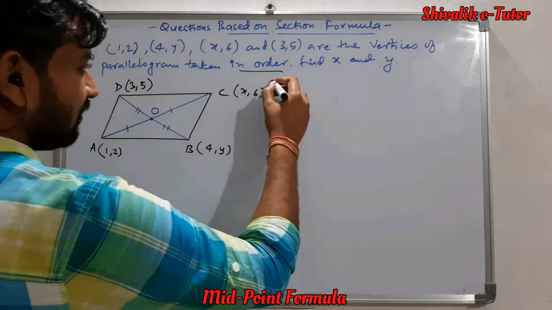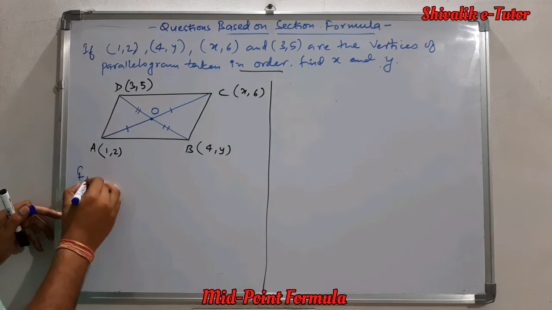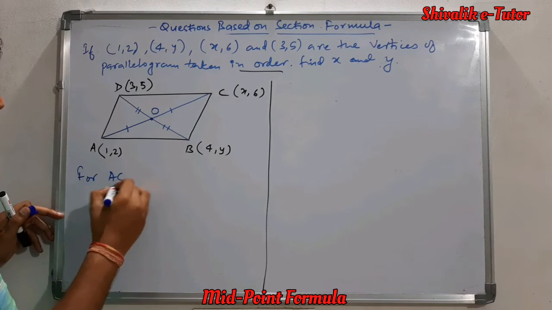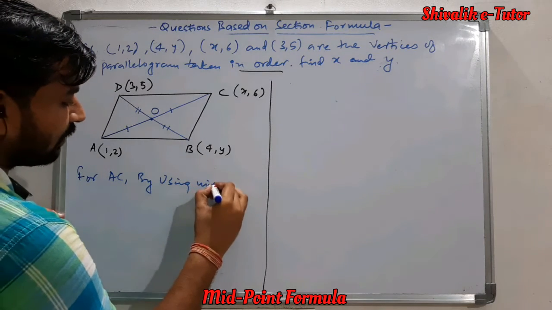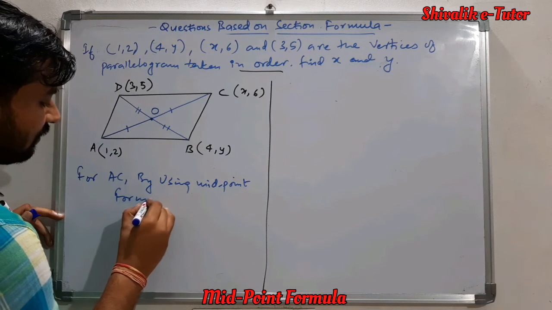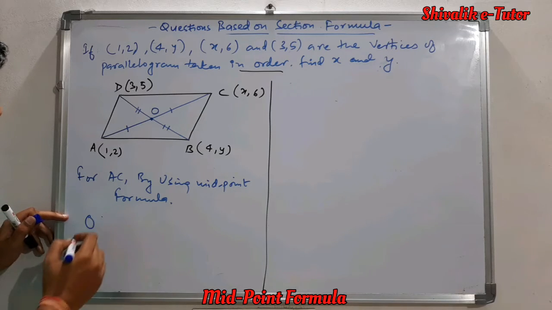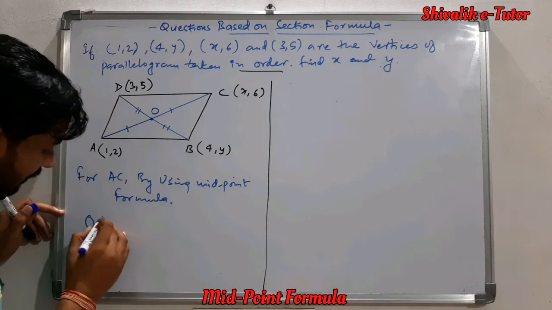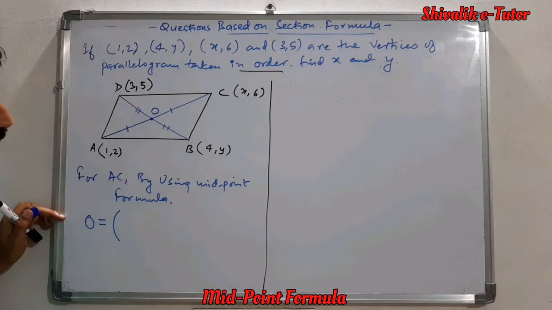So let us use this information and write the coordinates of O by using BD and AC. For line segment AC, by using the midpoint formula, we can calculate the coordinates of O directly.